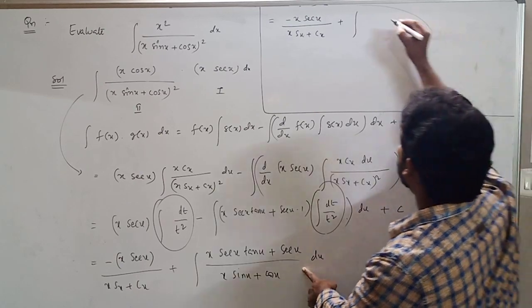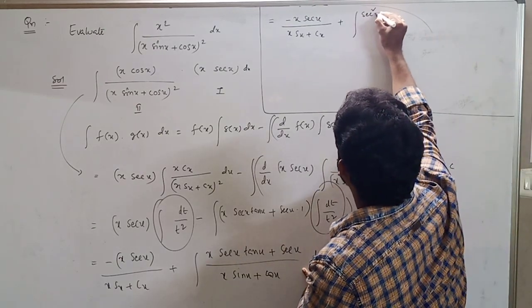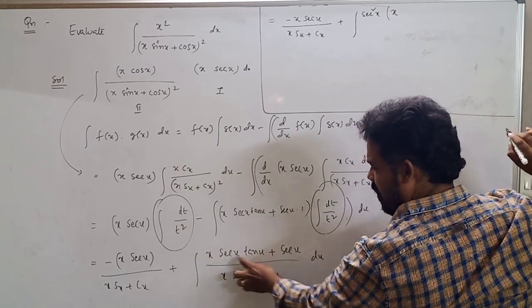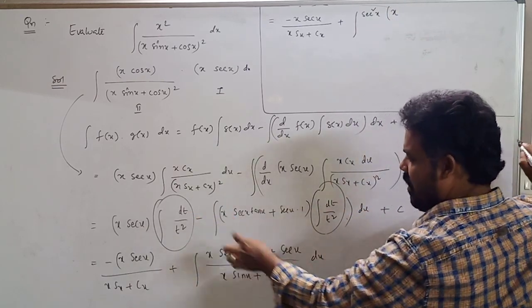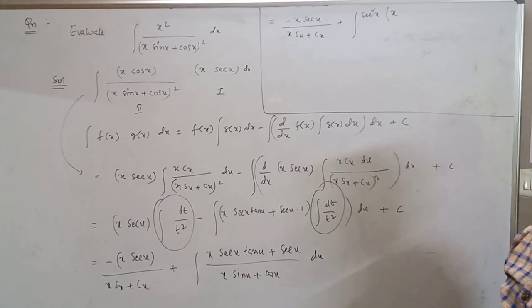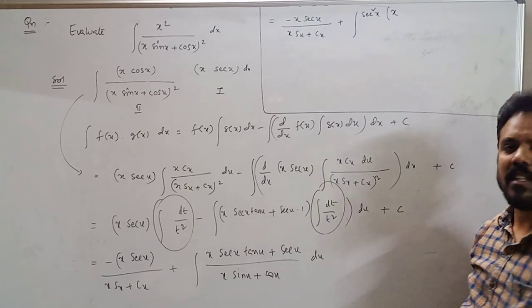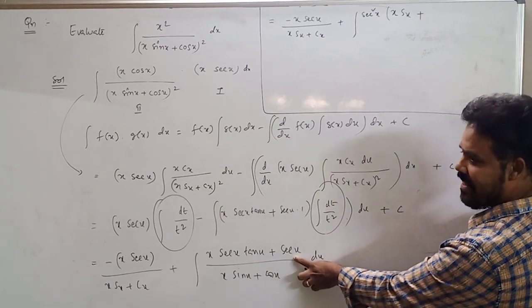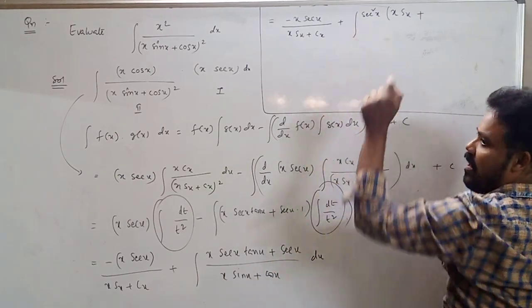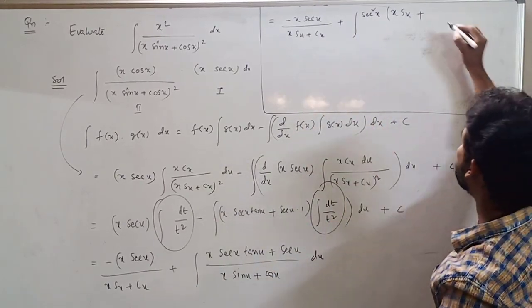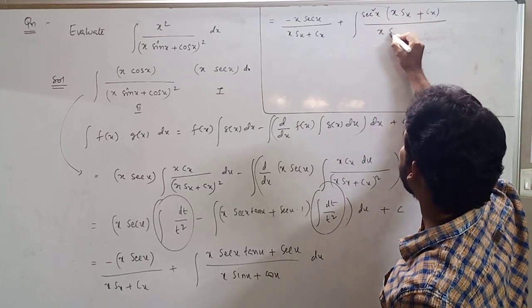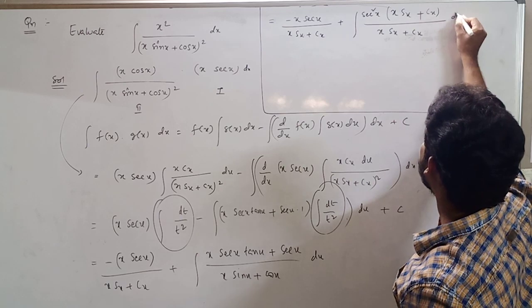In this term, you take secant square x common. Then it becomes x into tan x by secant x, one thing is common. Tan x by secant x means sin x. Plus 1, secant x is there, I take a secant square, that means 1 by secant x, that is cos x, divided by x sin x plus cos x dx.